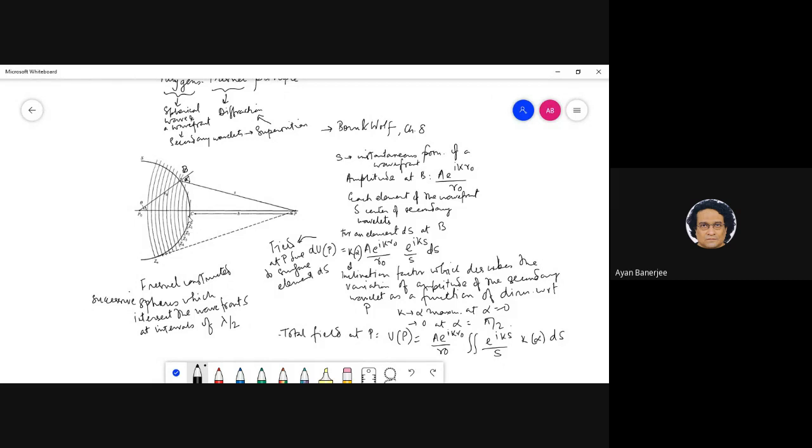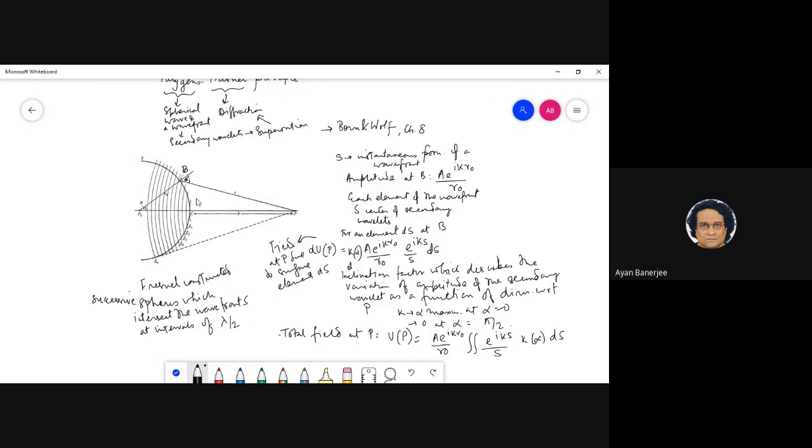Then he tries to find out the field due to each zone. He finds the field at P for the jth zone, and then adds up all the zones to get the total field. You understand? So how does he measure the field at P due to all the secondary wavelets on the wavefront?